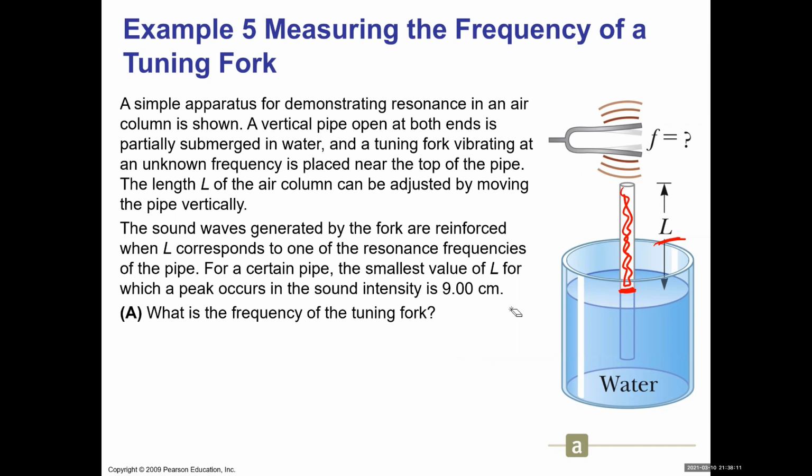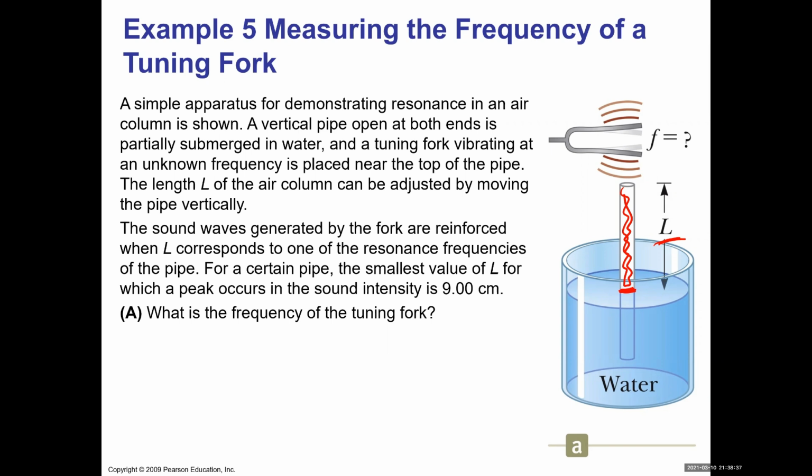So the sound waves generated by the fork are reinforced when L corresponds to one of the resonance frequencies of the pipe. For a certain pipe, the smallest value of L for which a peak occurs in the sound intensity is 9 centimeters. Generally, when you reach the resonance frequency, the sound is amplified.